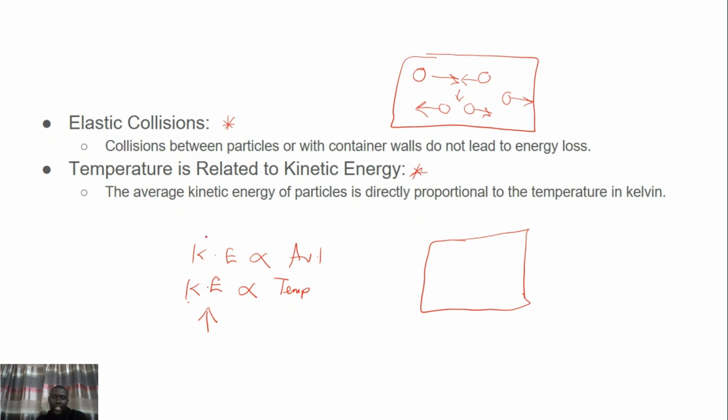As the average kinetic energy of the molecules increases, the temperature also increases. When the average kinetic energy of the molecules decreases, the temperature also decreases. That is the assumption for an ideal gas.